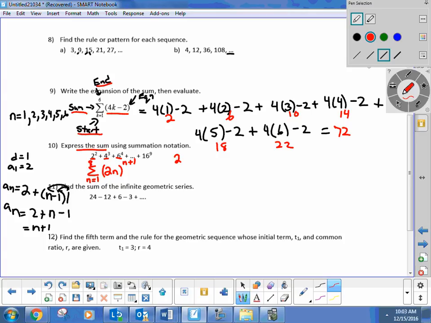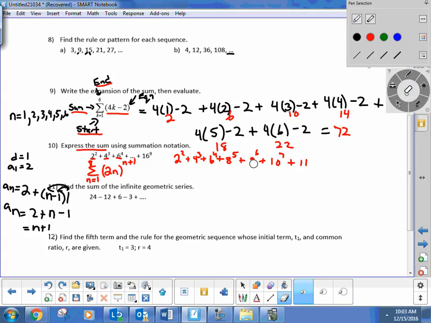If you want to prove it, you could write them out: 2 squared, 4 cubed, 6 to the 4th. The next one will be 8 to the 5th, the next one 10 to the 6th, and the next one 12 to the 7th. Oh man, I kind of went out of sequence here. Let's fix this.